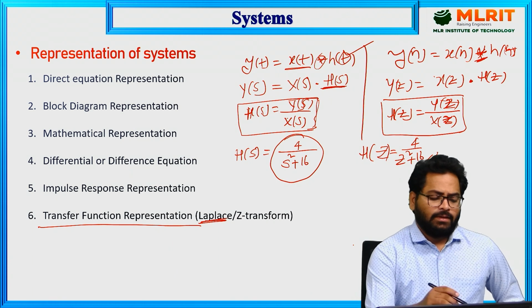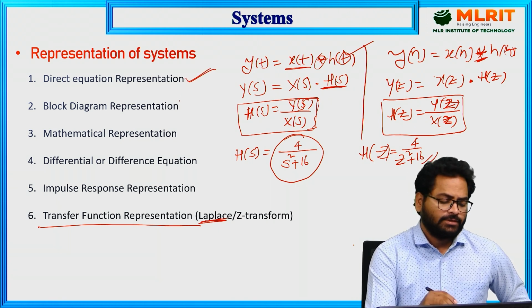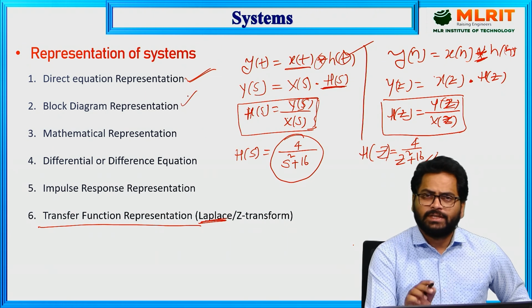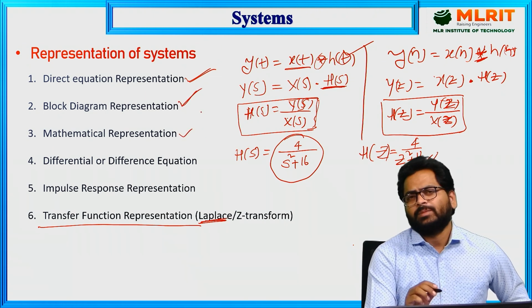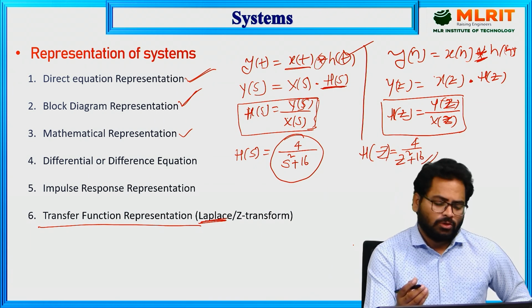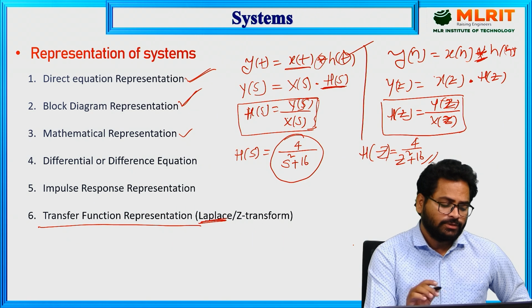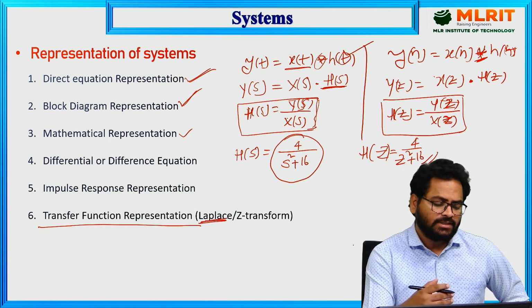One is a direct representation, meaning we write it directly in terms of mathematical equations. Block diagram representation means we are representing the system in block diagram form. Mathematical means any mathematical function which we use, trigonometric, logarithmic, or any additional terms, to represent the relation between the input and output, then we call it a mathematical representation.